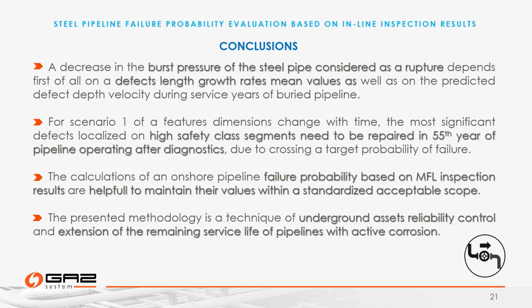Coming to the conclusion, a decrease in the burst pressure of the steel pipeline considered as a rupture depends first of all on the defect length growth rates, mean values, as was shown in this presentation, as well as the defect depth velocity during the service of a buried pipeline.